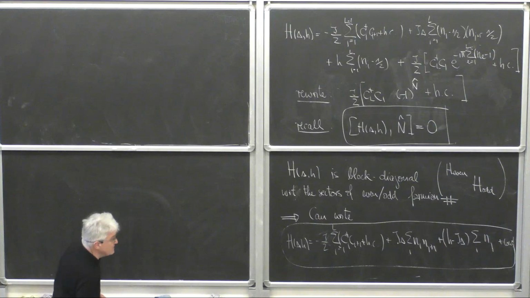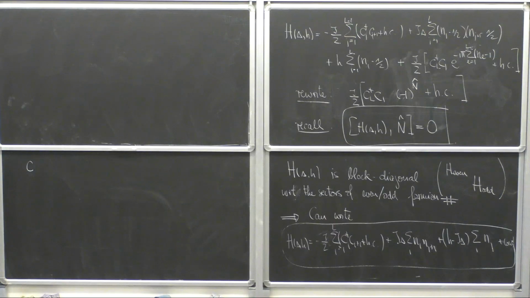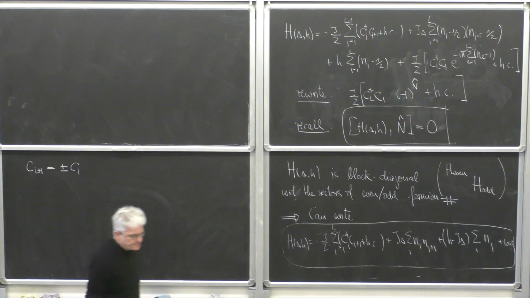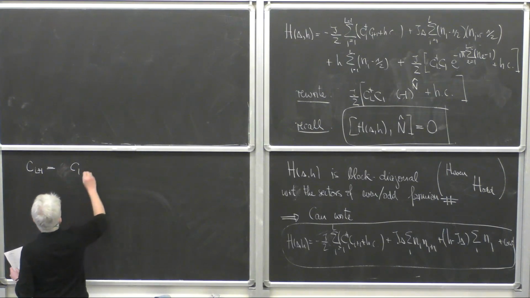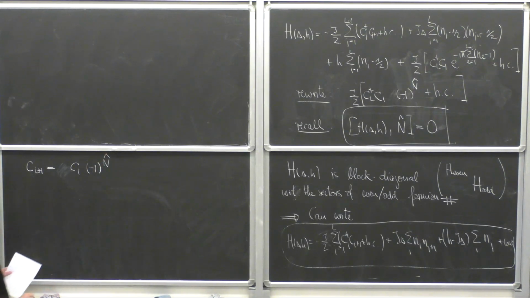So the one caveat is that the boundary conditions on the fermions now depend on whether there's an even number of fermions or an odd number of fermions. So c L plus 1 is either plus or minus c 1. Or in terms of n, I write it like so.